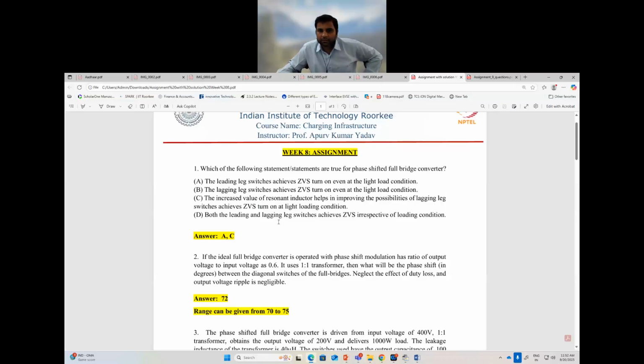So these are the two conditions related to this phase shifted full bridge converter.